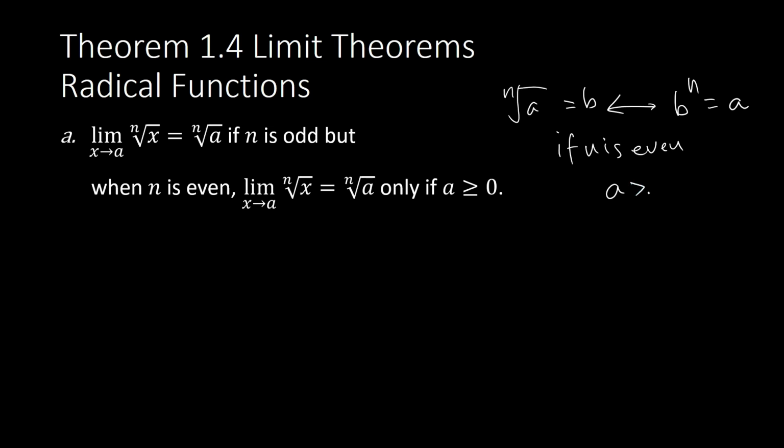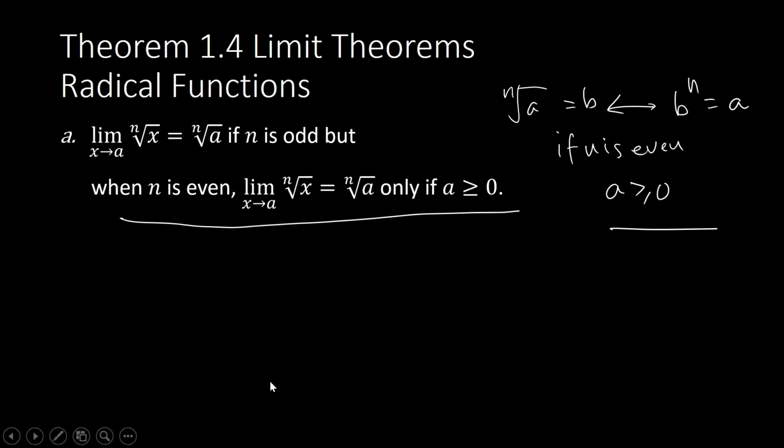A can be positive or it can be equal to 0, but it can never be negative. And so that is the reason for this restriction: when n is even, the limit of the nth root of x as x approaches a is equal to the nth root of a if and only if a is greater than or equal to 0.